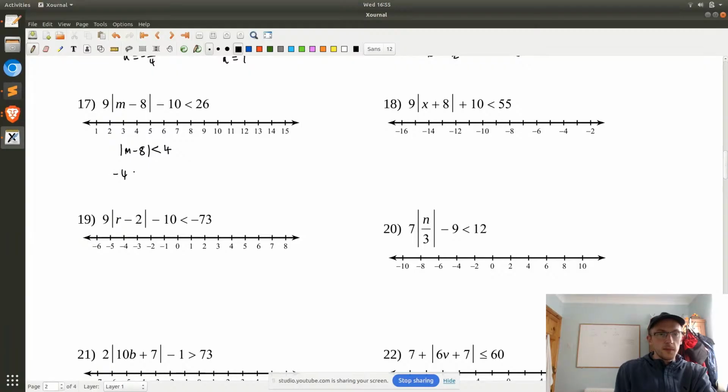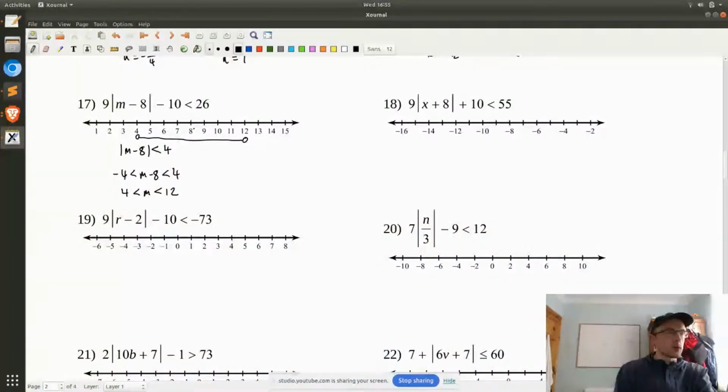So m take 8 is trapped between -4 and 4 exclusively. At 8. There. Hollow dot under 4. Hollow dot.